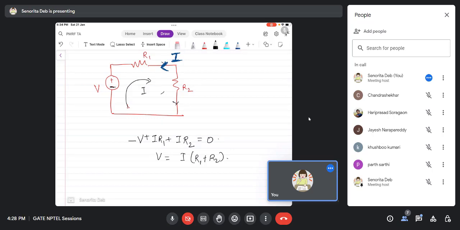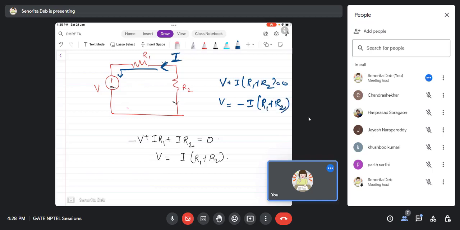The second method is you take the same direction of current I given in the question, and you see this current is entering the positive terminal. So you will write plus V plus I into R1 plus R2, equal to 0. So you see your value of I automatically comes out negative.